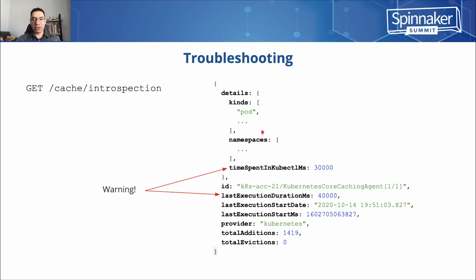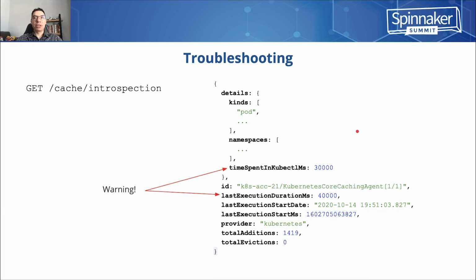Finally, in this response, we also have useful information like the kinds, which are the Kubernetes kinds that this specific caching agent is caching, and also the list of namespaces. You can have different agents caching different namespaces. And we can also see how many objects are saved to the cache or deleted from cache.